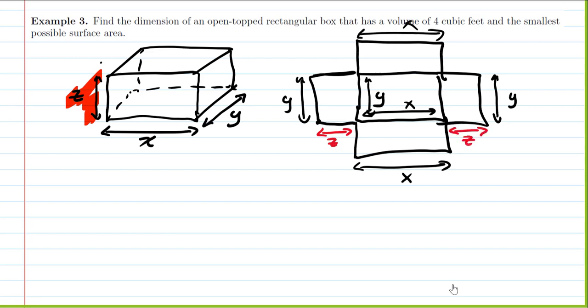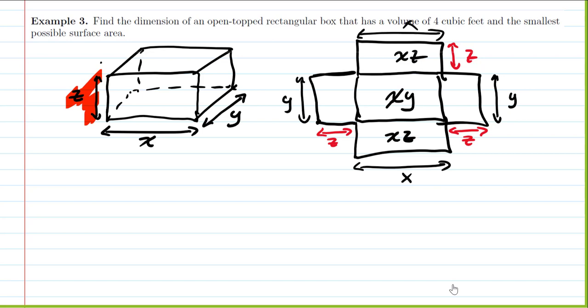Now that I have all these things labeled, what is the area of each of these pieces of cardboard? Well, the one in the middle is going to be x times y, so this has area xy. The one above it is going to be x. Oh, I didn't label them. These are also z's. So that's going to have area x times z, and by symmetry, this one will as well.